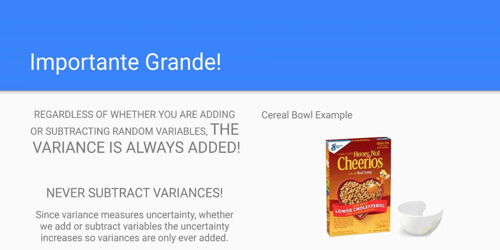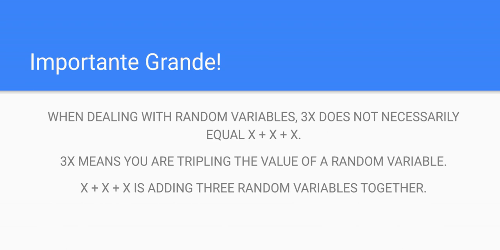And then lastly, and this is another importante grande, when we're dealing with random variables, this is an algebra class, so 3x doesn't necessarily equal x plus x plus x. If you're finding 3x, you're tripling the value of the random variable.